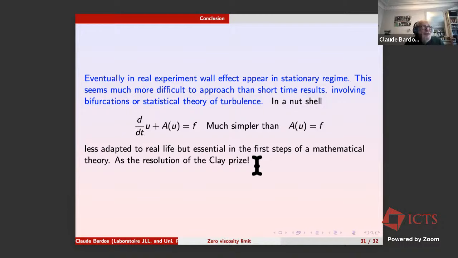Well, that's a fair reason. But on the other hand, I still think, maybe it's my job, that looking at the time-dependent problem is a first step of the mathematical theory of the whole problem. It's a step that may be useful.